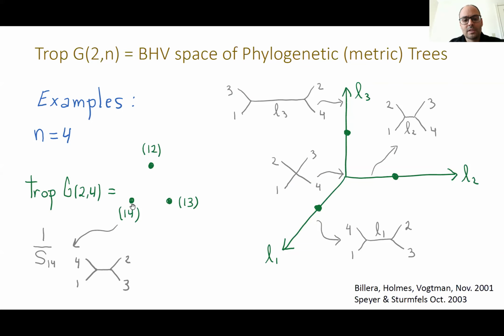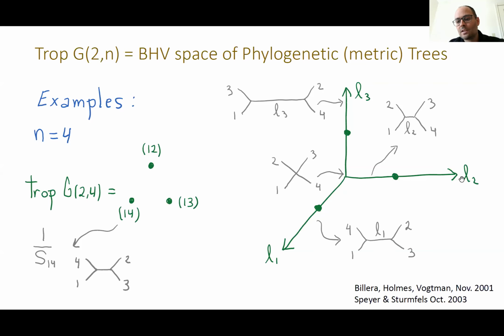Actually, when I drew just these 3 points, it was a simplified version. The space that we are interested in is not just these 3 points, but the full space, which is called the BHV space of phylogenetic trees. And if you want, after the talk, I can tell you much more about phylogenetics. But for the time being, let me just tell you that the full space we're interested in is actually a collection of quadrants.